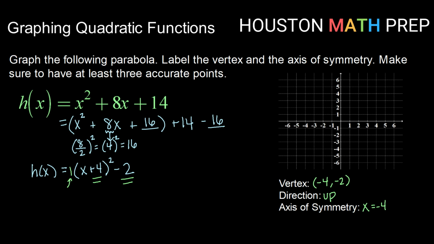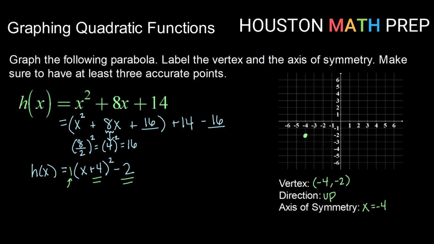Placing that information on my graph, I'm going to start by graphing my vertex. Negative 4, negative 2 puts me right here. On a typical parabola, I can go to the right one, up 1, and to the left one, up 1. Since I don't have any multiplier other than 1, I can do the same thing here.